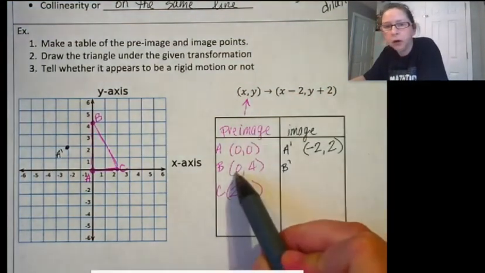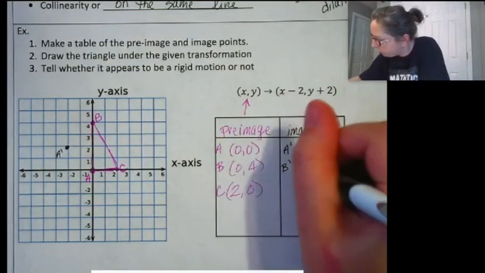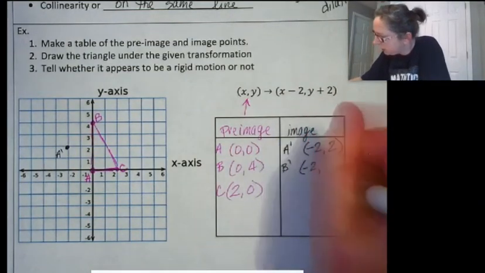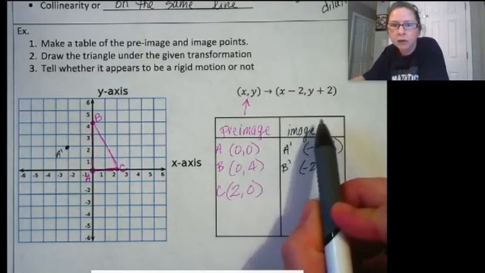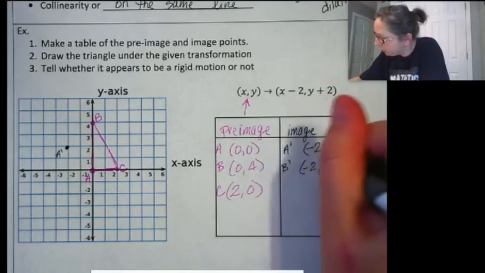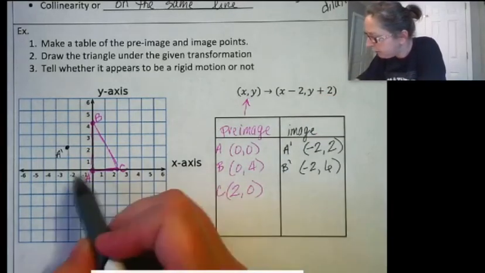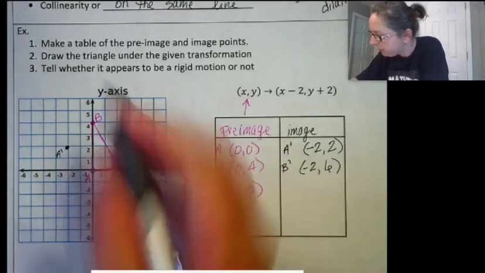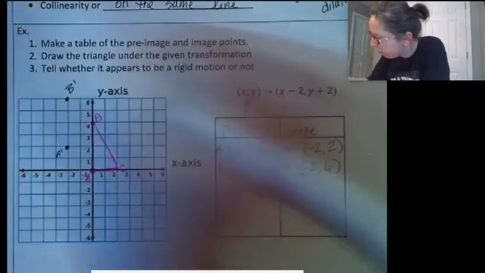I need to take 0 in the X value and minus 2. I need to take 4 for my Y value and add 2. And then I'm going to plot this point. So negative 2, up 6. And this will be B prime.